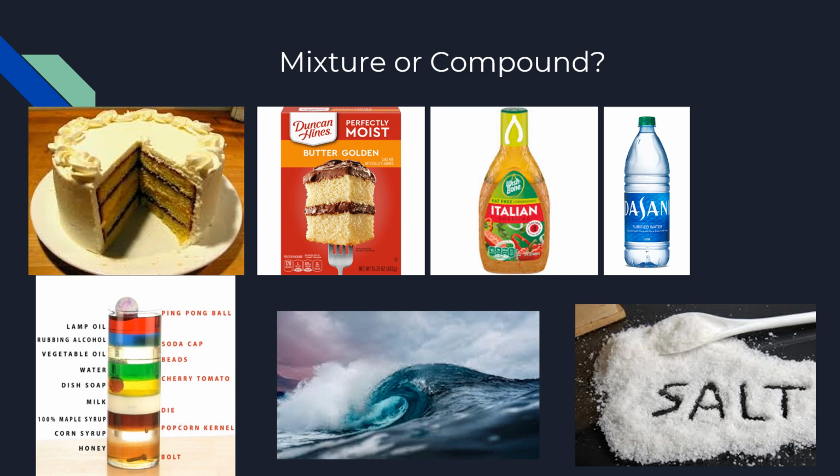So because it's pure water, we're going to say that it's a compound. This bottom image is of course a mixture, a heterogeneous mixture because everything is separated already. Salt water is a mixture, and salt is sodium chloride, which is a compound.